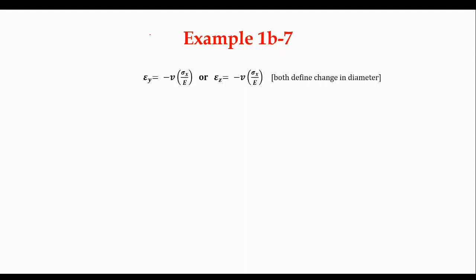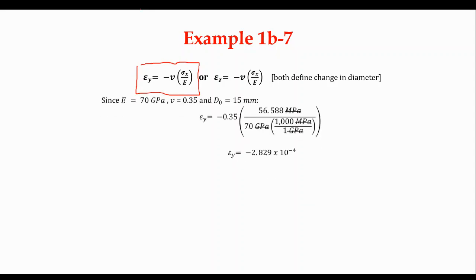Okay, so strain of y, di ba, na establish na nato. Strain in y is negative Poisson's ratio times the stress of x over E. Okay, substitute. So we can actually solve now the value of the strain in y. Substitute lang. Okay, makuha na nato ang strain in y.